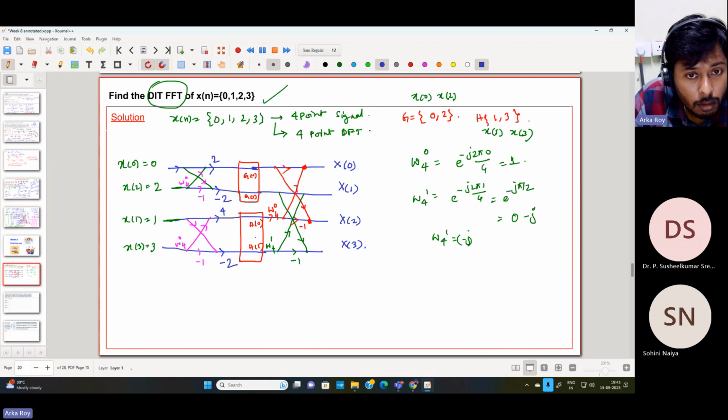Then for the next stage, over here 2 is coming, and from this point 4 is coming. So 2 plus 4 is equal to 6.